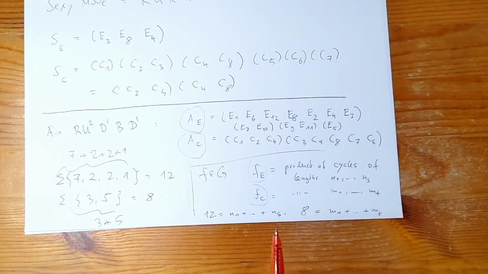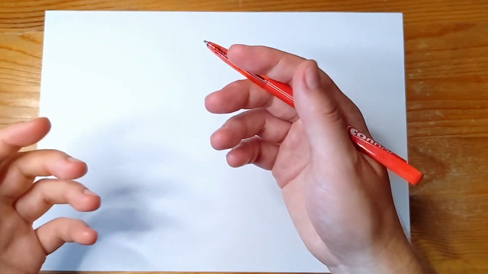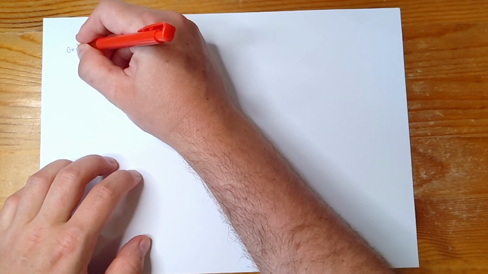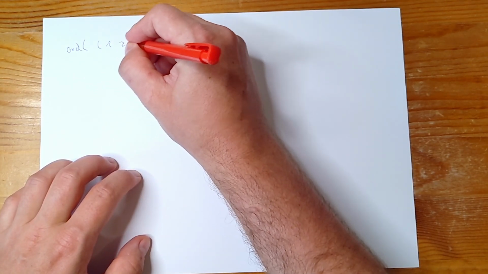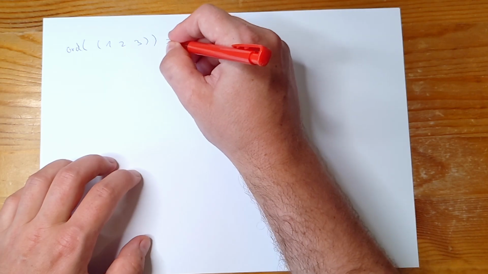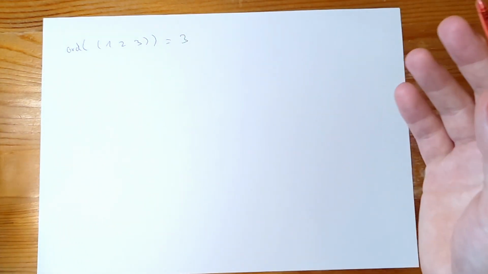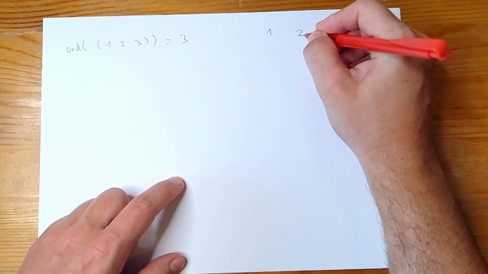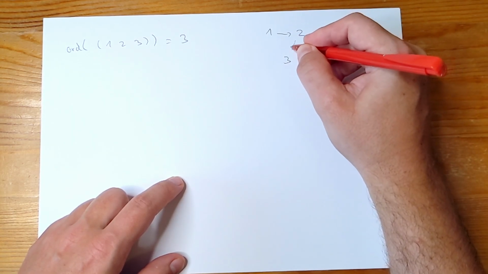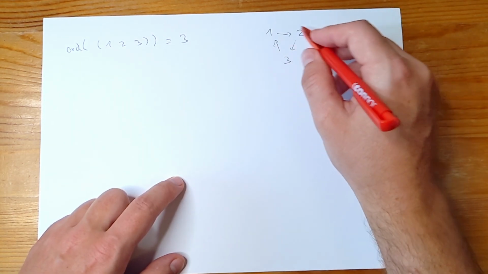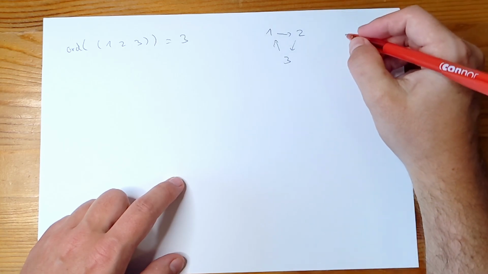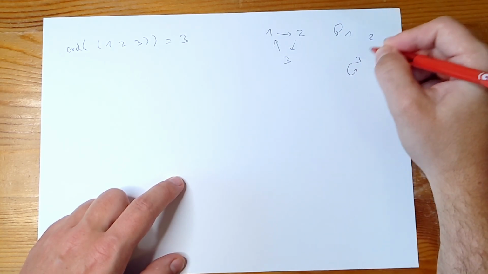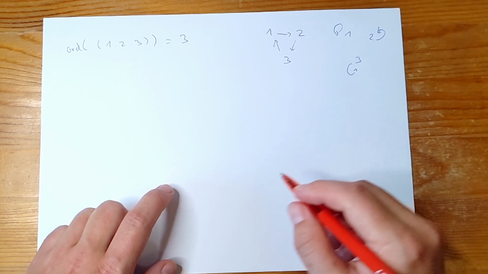So to achieve this, we first realize that the order of a cycle, let's say (1 2 3), is just 3. This is of course very clear when you have this cycle here and you repeat the cycle 3 times, you end up in the permutation which does nothing. So the identity permutation.